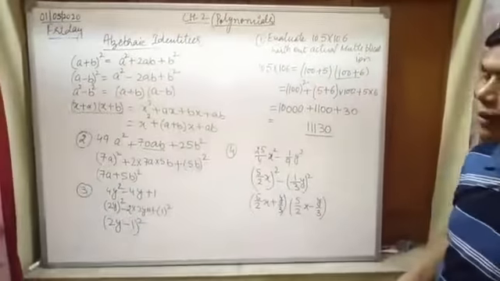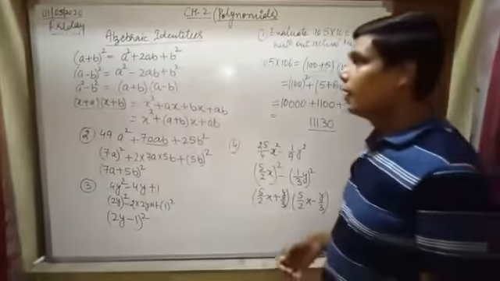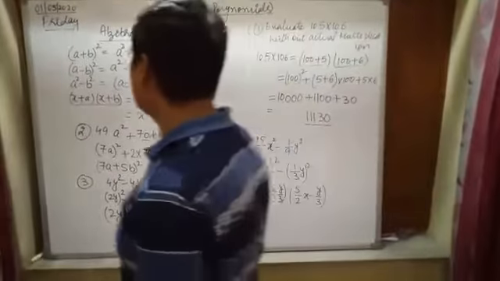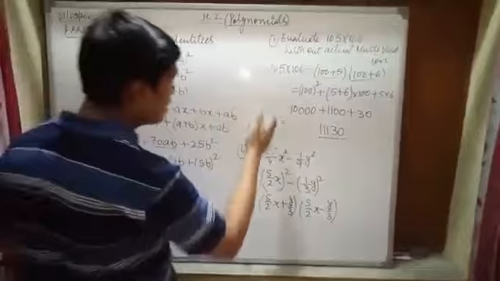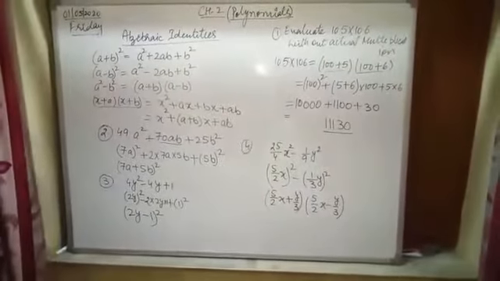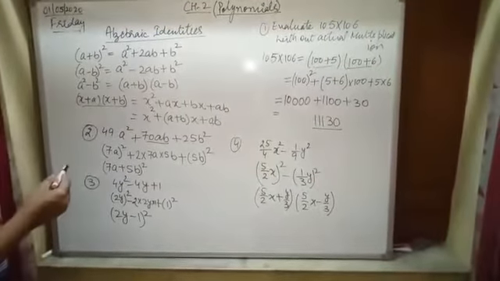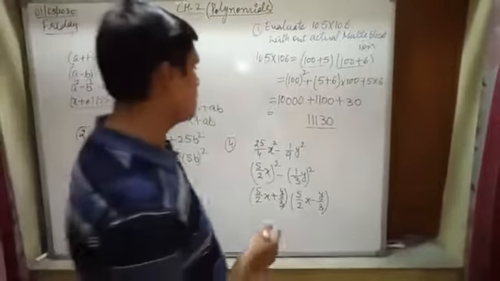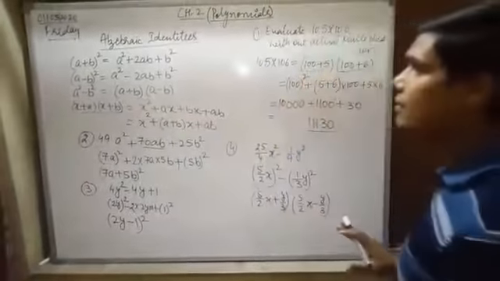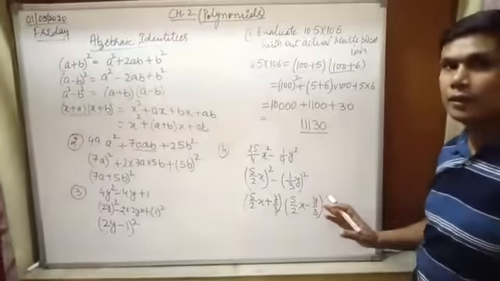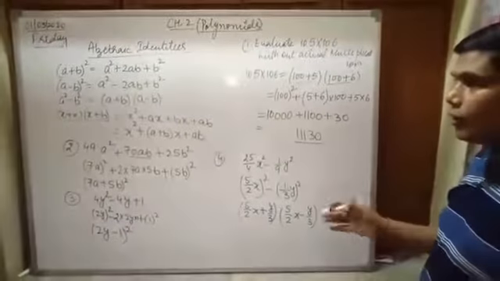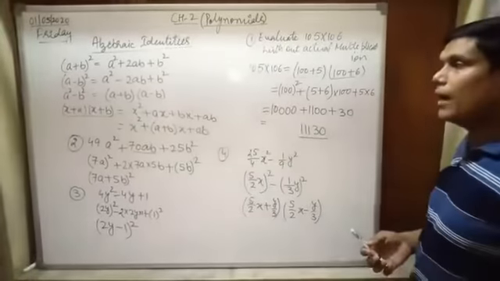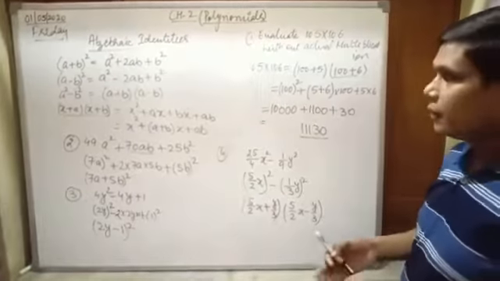There are many more identities. These four identities we have used in these four questions. So do these questions, solve these questions, learn these questions, learn these identities, and if there is any doubt then you may ask. Okay class.